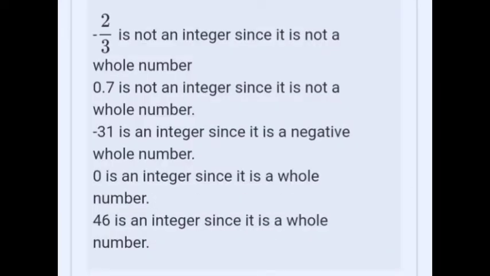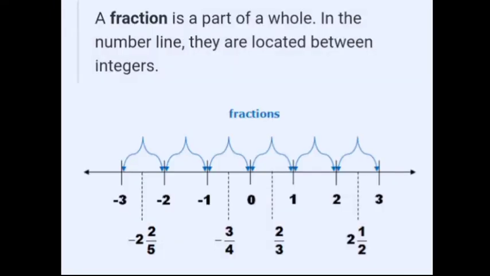So -2/3 is not an integer since it is not a whole number. 0.7 is not an integer too since it is not a whole number. -31 is an integer since it is a negative whole number. 0 is an integer since it is a whole number. 46 is an integer since it is a whole number, particularly a positive integer.